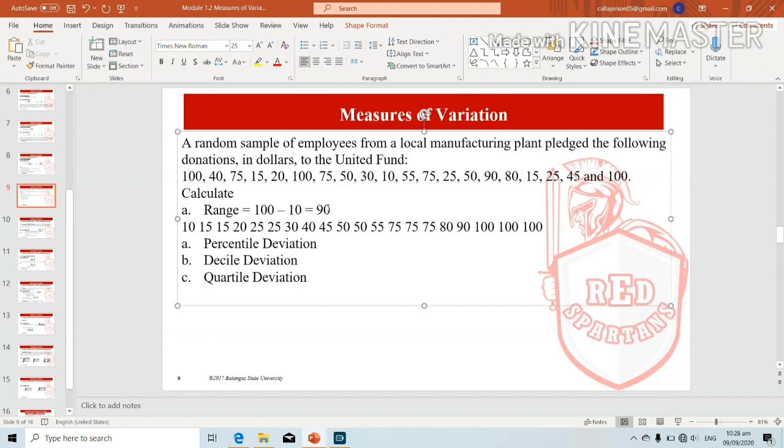So kung makikita nyo, meron tayong 20 na n or 20 na data or 20 na values. So, kunin na natin yung percentile deviation or PD.